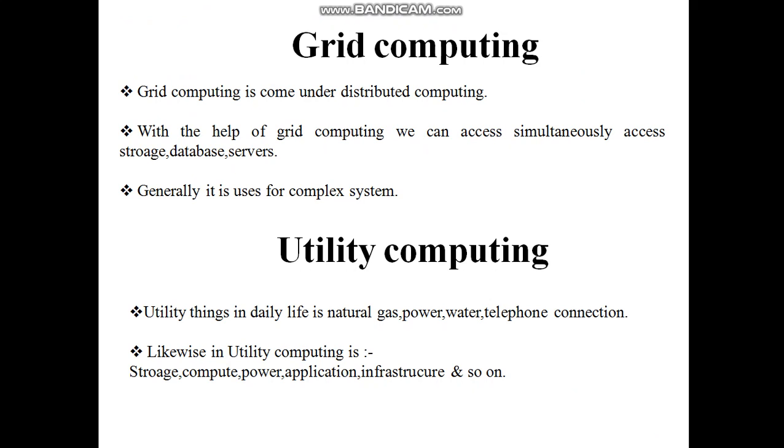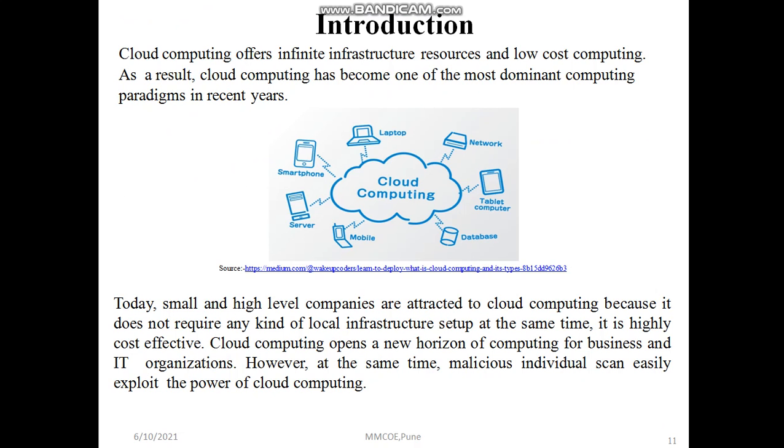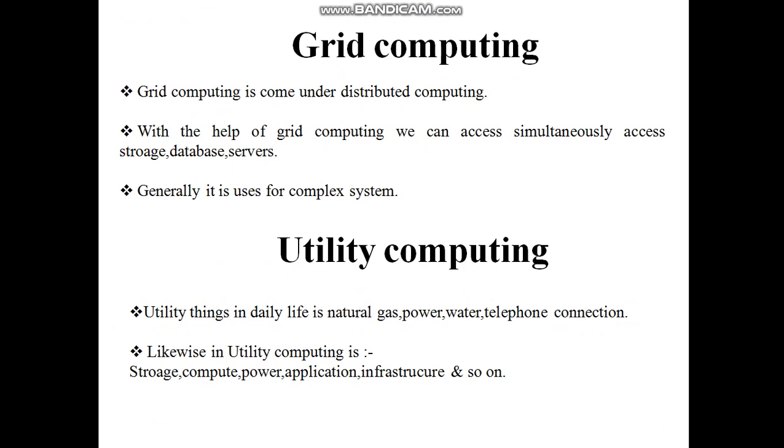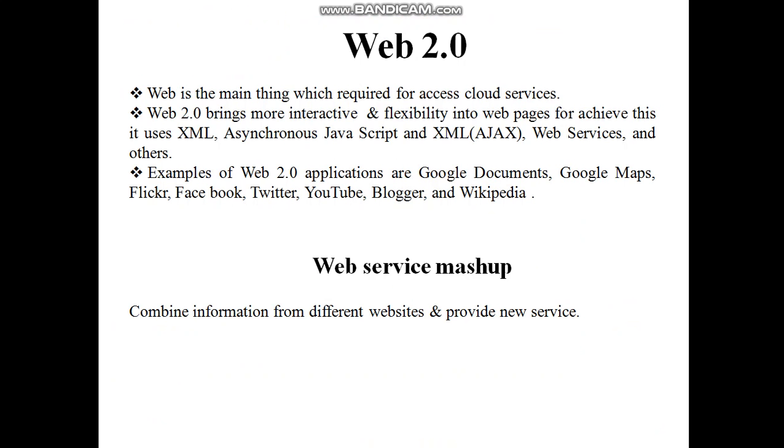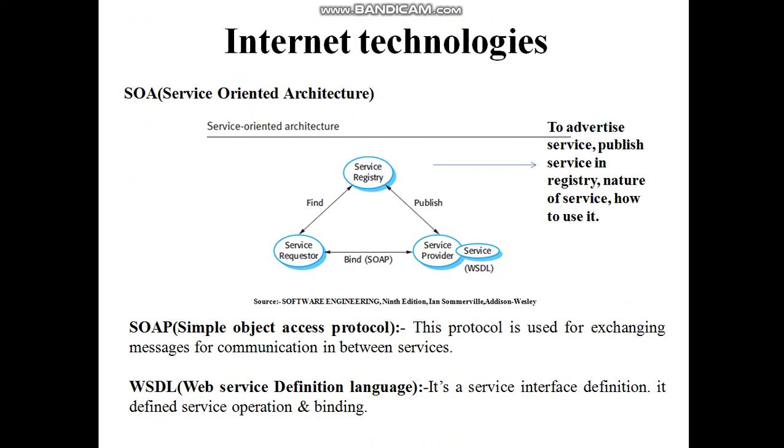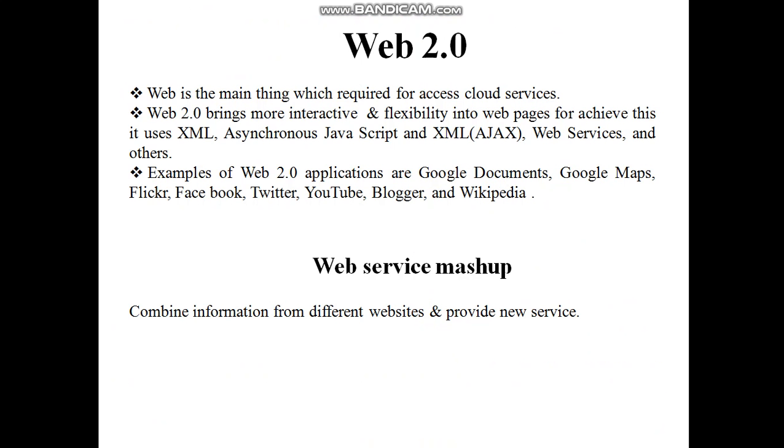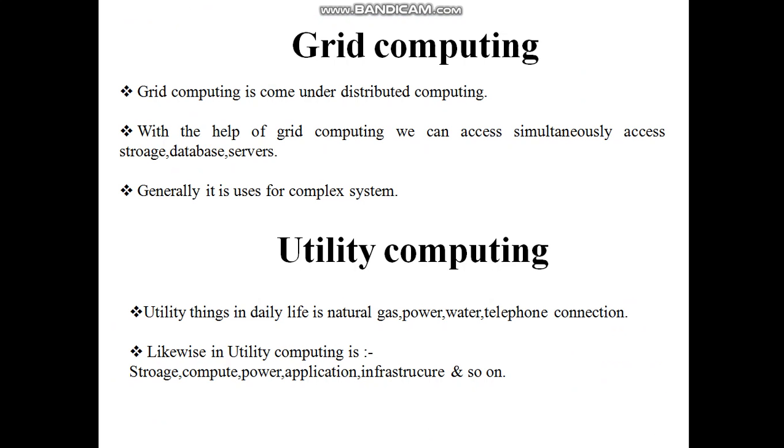Likewise, in utility computing there is also storage, compute power, applications, infrastructure, and so on. So here we complete the roots of cloud computing: internet technology, hardware virtualization, grid, and utility computing.